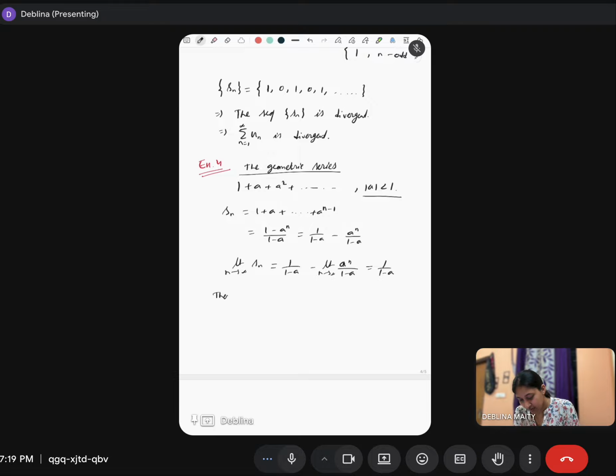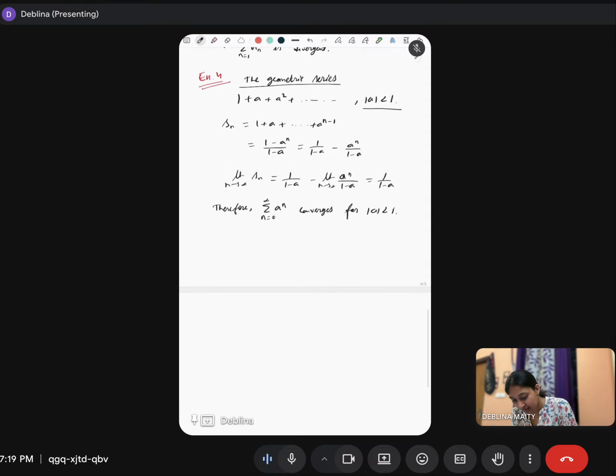Therefore the series, the sum of a to the power n from n equals 0 to infinity, converges for mod a less than 1, right?